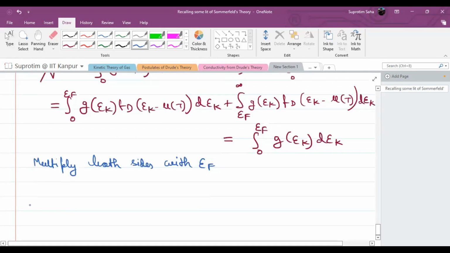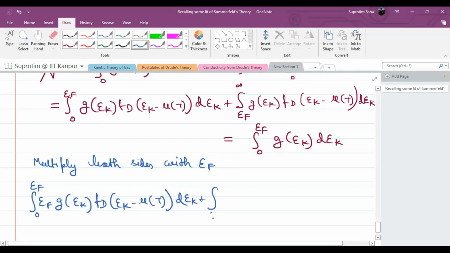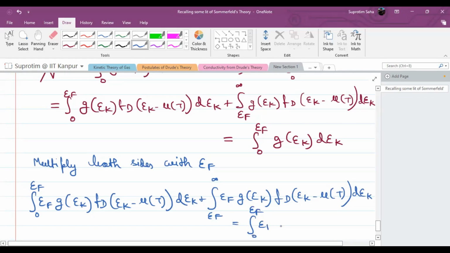So this will look like 0 to Ef of Ef g of Ek Fermi-Dirac of Ek minus mu t d of Ek, plus Ef to infinity of Ef g of Ek Fermi-Dirac of Ek minus mu t d of Ek, is equal to 0 to Ef of Ef times g of Ek times d of Ek.